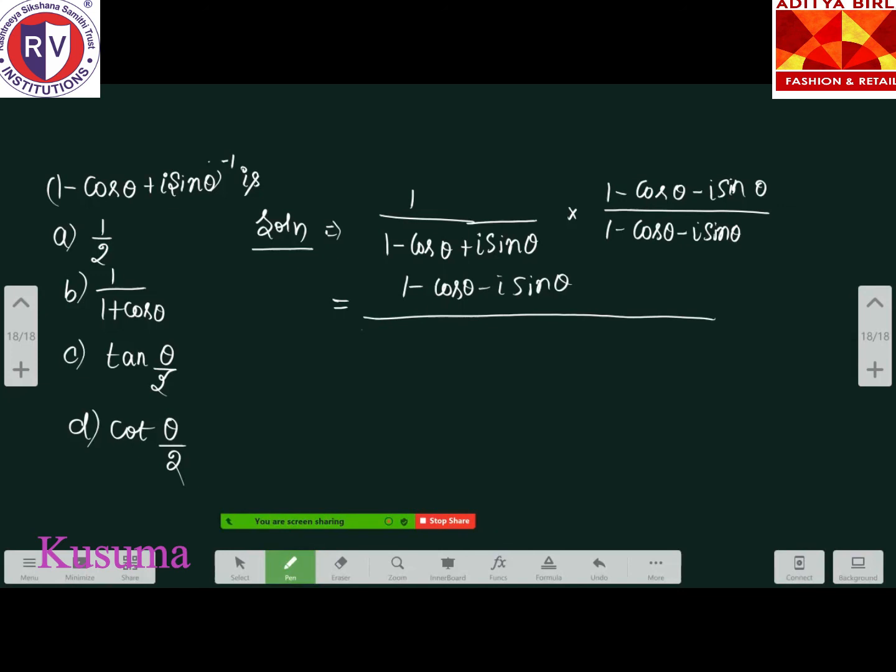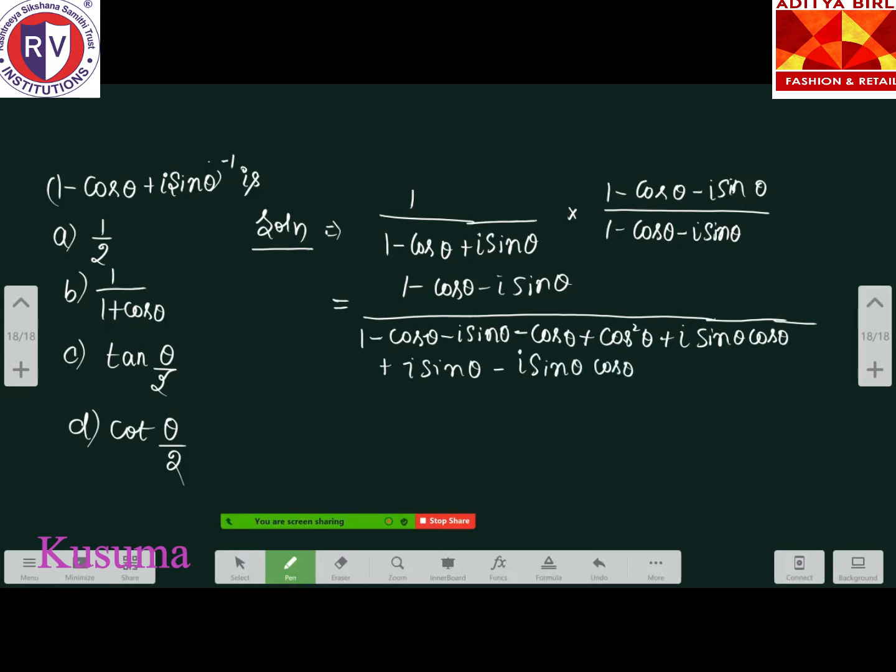So 1 into the entire thing gives 1 minus cos theta minus i sin theta, minus cos theta, plus cos square theta, plus i sin theta cos theta, plus i sin theta, minus i sin theta cos theta, minus i square sin square theta, but i square is equal to minus 1, so it will be plus sin square theta.